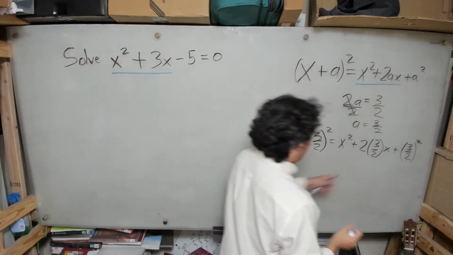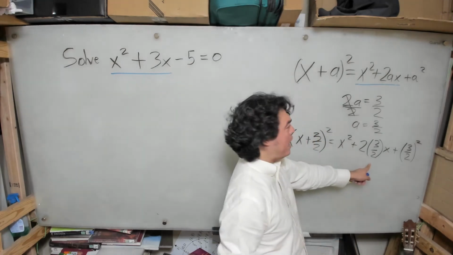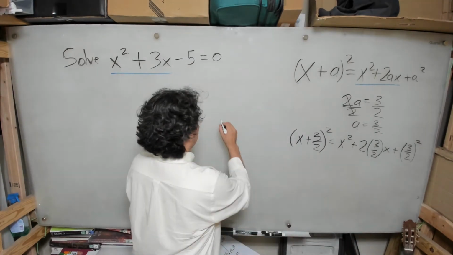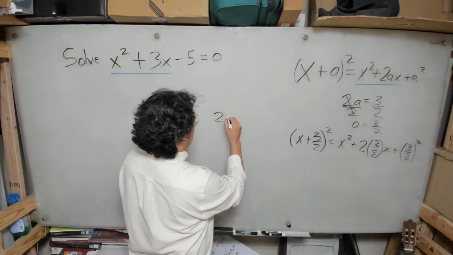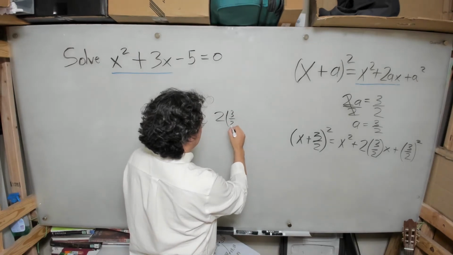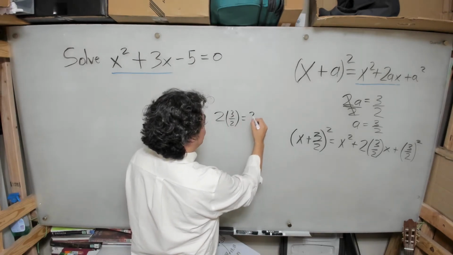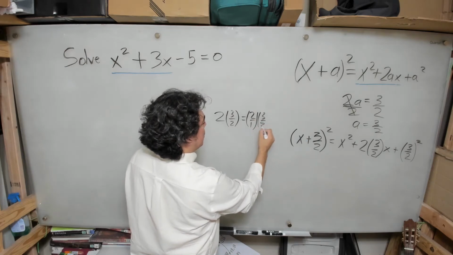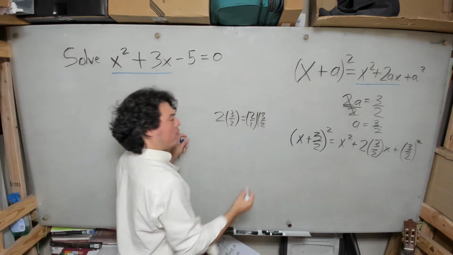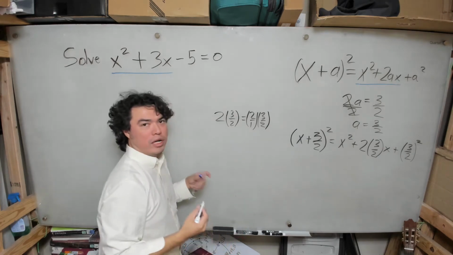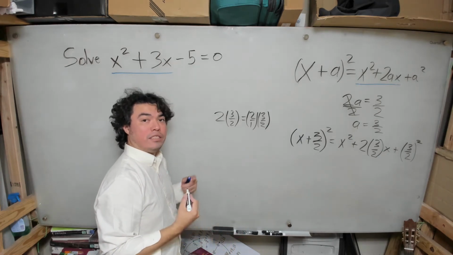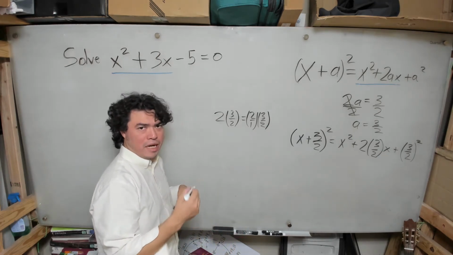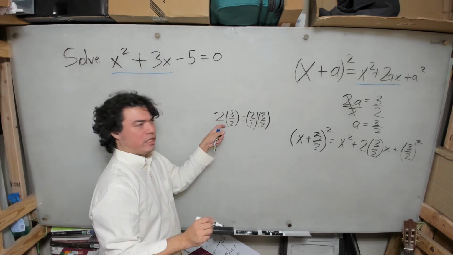And for 2 times 3/2, let me do that here on the side. So 2 times 3/2 is the same as 2 over 1 times 3/2, because we can write any whole number like 2, 3, etc., as a fraction by setting it as the numerator and 1 as the denominator.